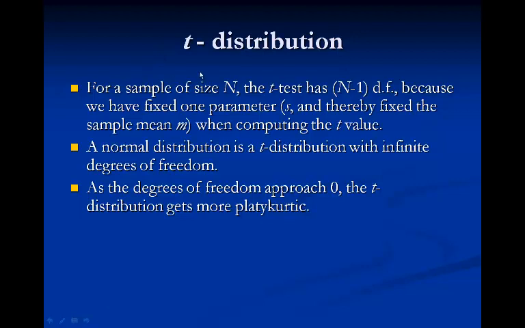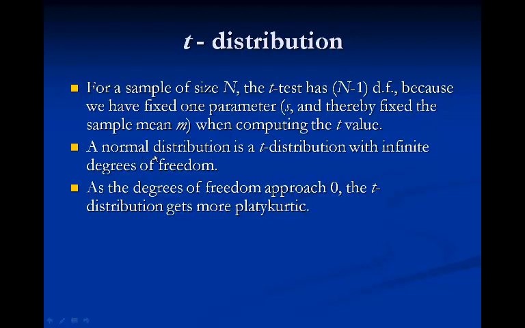So, a t-distribution, what's it like? For a sample size n, the t-distribution has a parameter of degrees of freedom, and there are n-1 if the sample size is n. So the t-test also has a certain number of degrees of freedom. And that's because we've used one fixed parameter measured from the sample, S, and we therefore, to do that, we fix the sample mean when computing the t value.